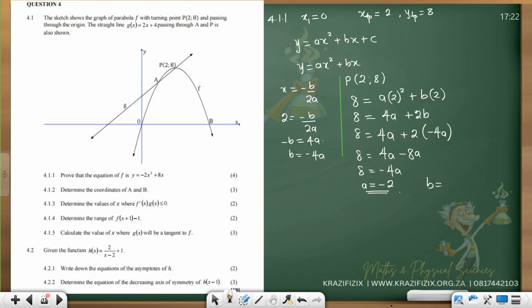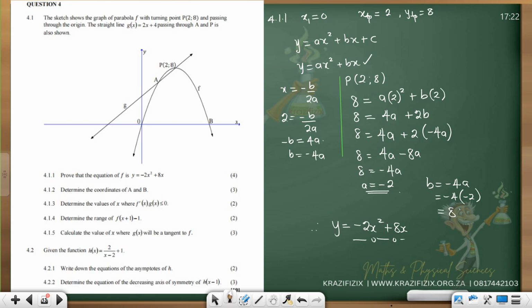So if b is negative 4a, then b is 8. Therefore y, remember we said ax squared plus bx, is negative 2x squared plus 8. Interesting. Using the turning point to find an equation.